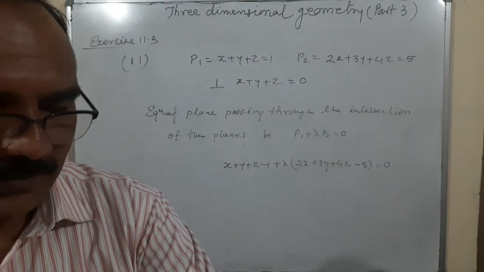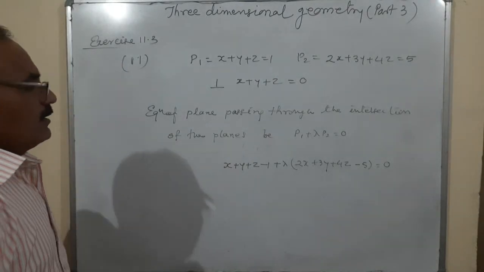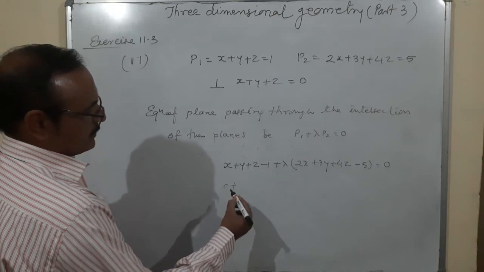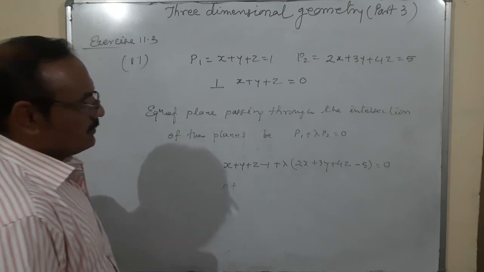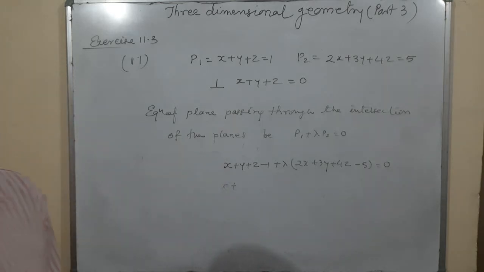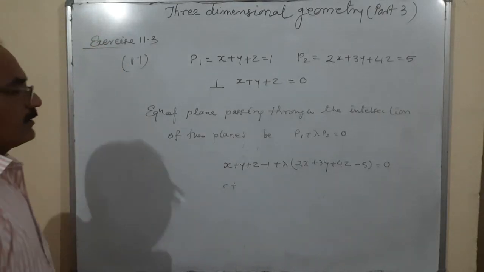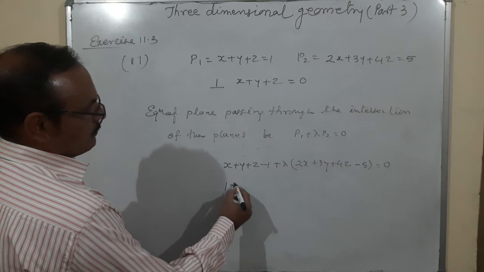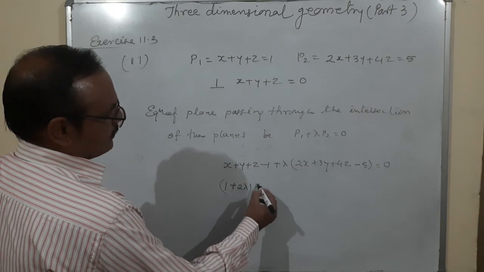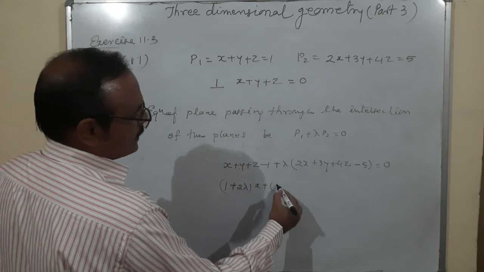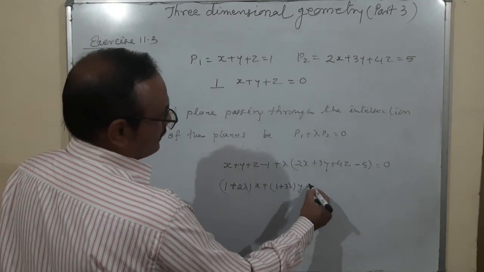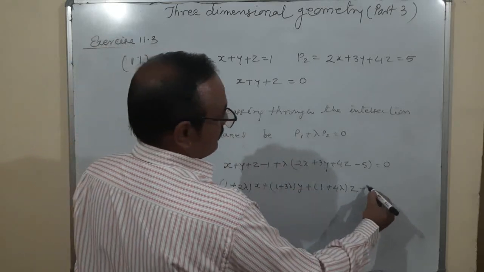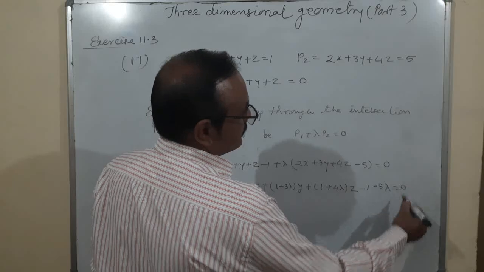This becomes (1 plus 2 lambda)x plus (1 plus 3 lambda)y plus (1 plus 4 lambda)z minus 1 minus 5 lambda is equal to 0.